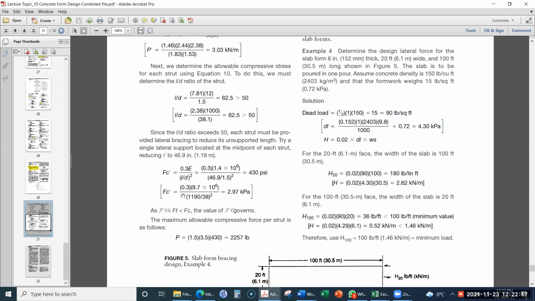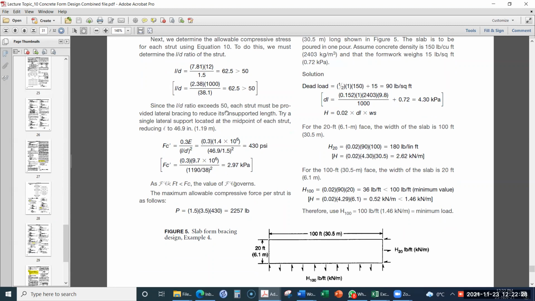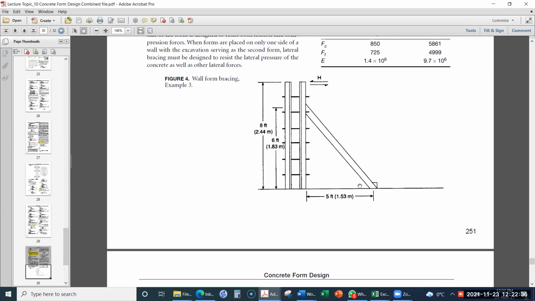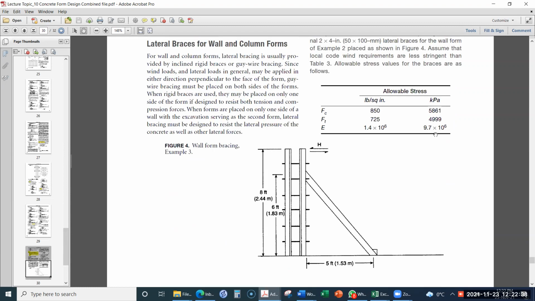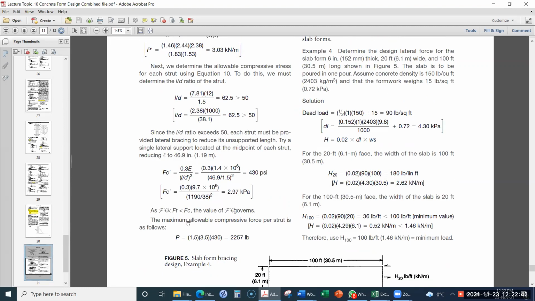FC prime based on the formula which I just illustrated over here, the FC prime formula from equation number 10 I showed before. So it was 0.3 E, where the value of E is given as 9.7 into 10 to the power 6, divided by the L over D ratio.